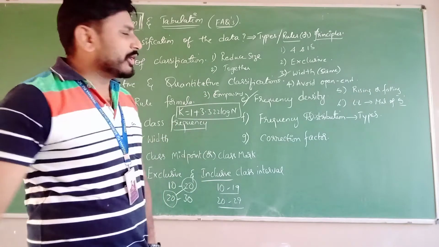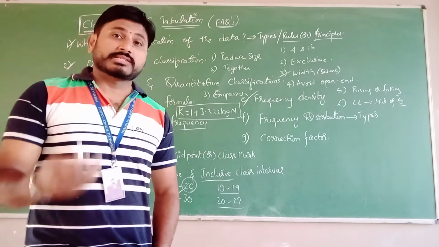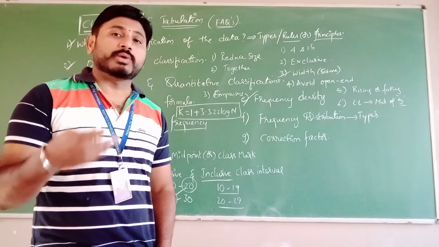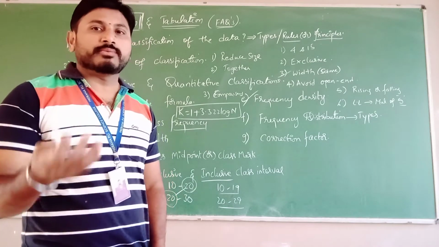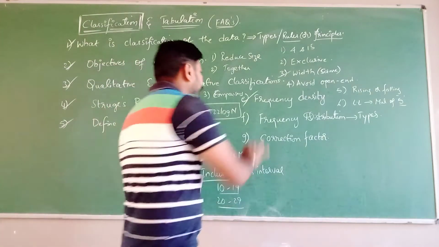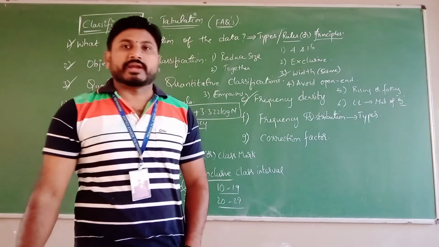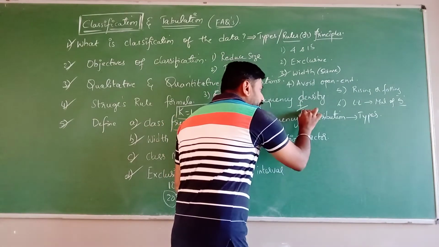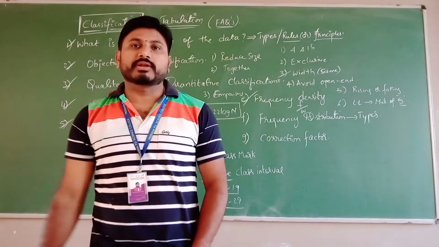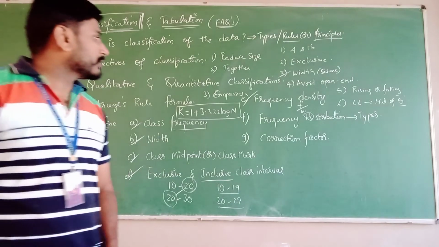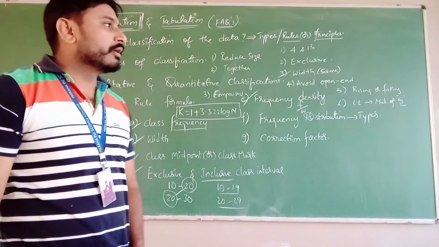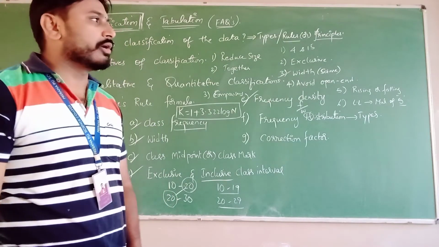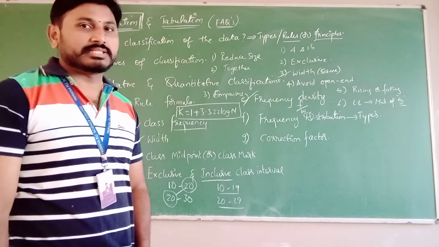But sometimes if you have unequal widths, there the frequency density will be applied. The ratio of class frequency to the width of the class interval, F divided by W, is called frequency density.